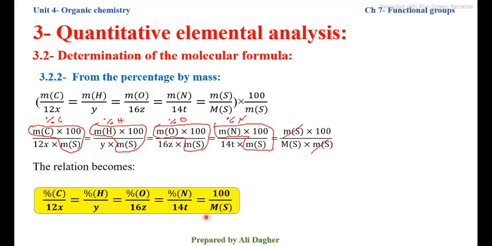This relation can be applied directly to determine x, y, z, and t if we are given the molar mass of S and the percentage by mass of each element.